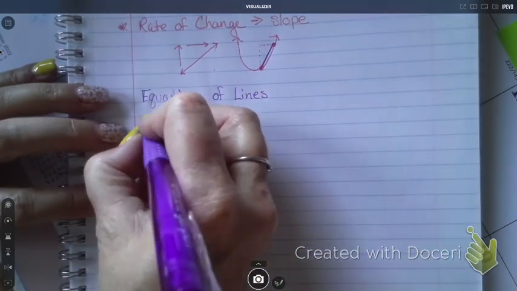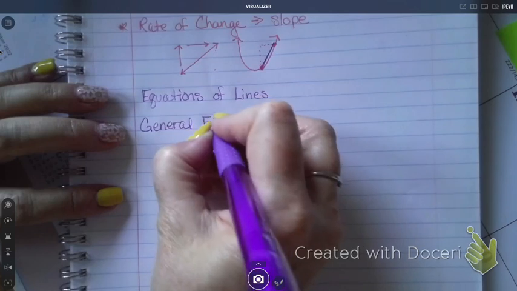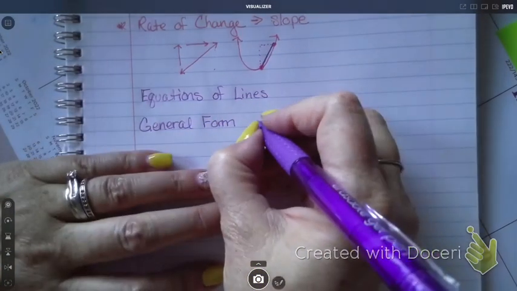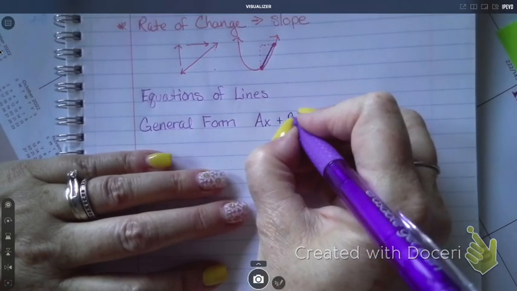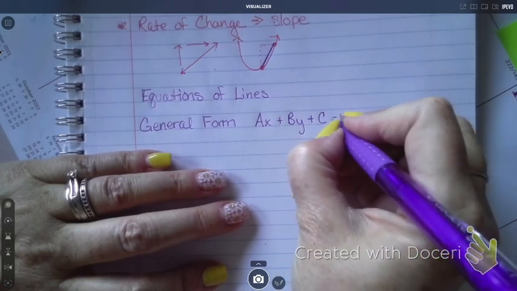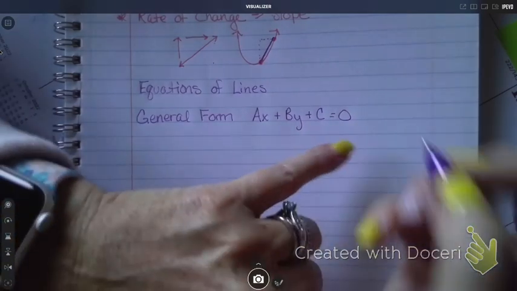We have general form. And general form is ax plus by plus c equals 0. Some characteristics about this: no fractions.